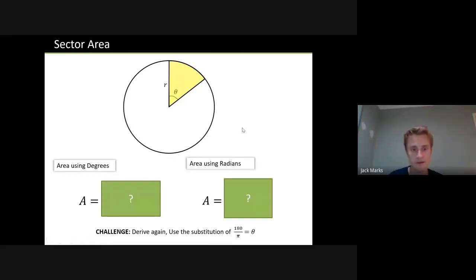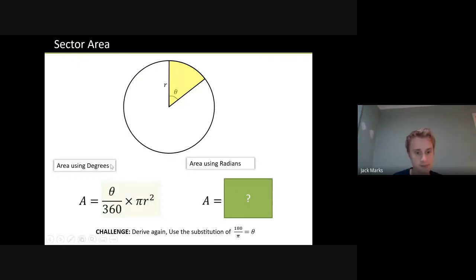Okay, 5D is about sector area. So area instead of arc length. Again, theta over 360 times pi r squared is the fraction of a circle in degrees times pi r squared. Well, if instead we thought of this in radians, we would have 2 pi.